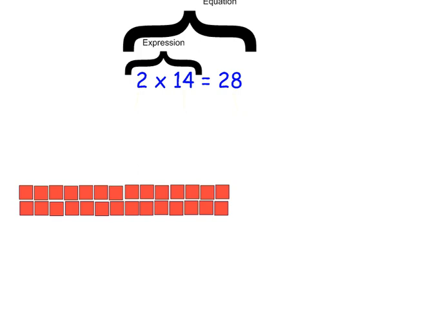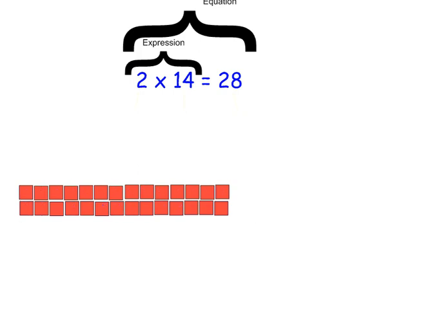When we're dealing with multiplying equations, we can always represent them in a tile format as below. It's 2 high and 14 across. This represents our multiplication equation. If I count them all up, it is 1, 2, 3, up to 28. Hey, there's 28 tiles. What do you know? 2 times 14 is 28.